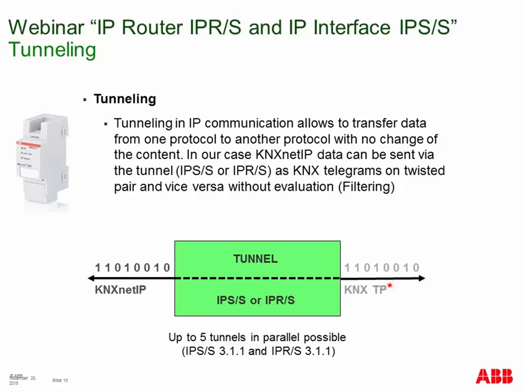We translate it, but we don't change anything in the content. So in our case, data can be sent via the tunnel as a KNX telegram on twisted pair from the network and vice versa in both directions without any evaluation. So no filtering, no change in the content will take place here. That's a tunnel connection. And remember, our new components now support 5 tunnels in parallel. That's possible.